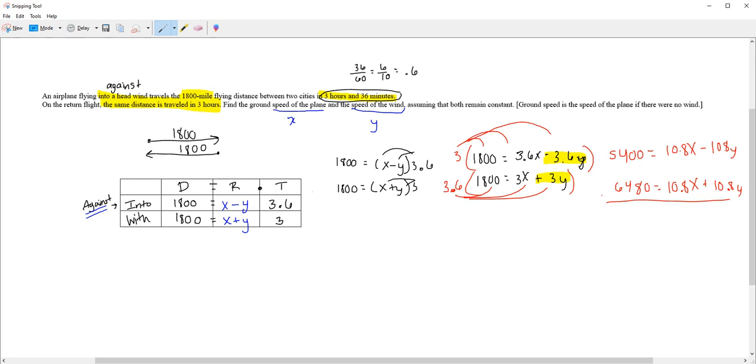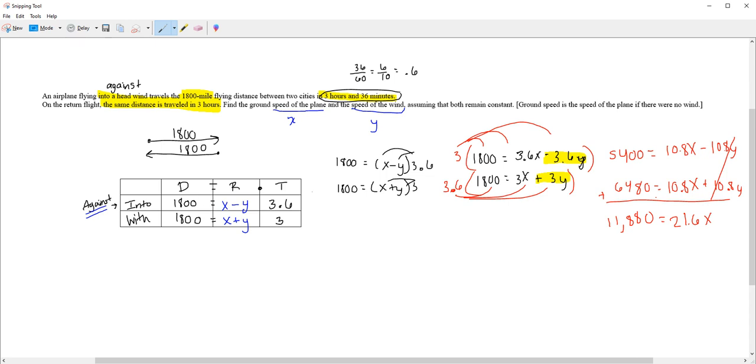So we're going to make this a giant elimination problem. This becomes 11,880. This is going to become 10.8 plus 10.8, which gives me 21.6x. And the y's will eliminate, which is what we want. Again, I cannot stress this enough: please use a calculator on this.